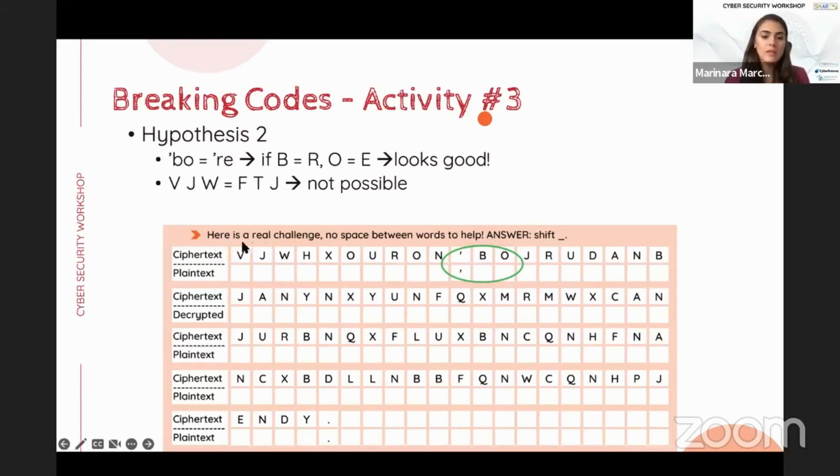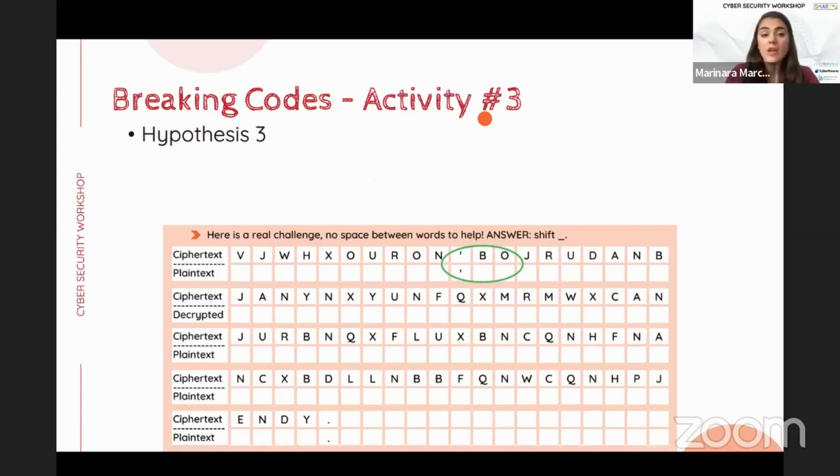So what would we do next? We'd come to the first letters to see if that would work. When I decrypted them using the same Caesar cipher without moving anything, I saw that it wouldn't really work, because V, J, and W would turn into FTJ. That doesn't make sense. It's not even the beginning of a word.